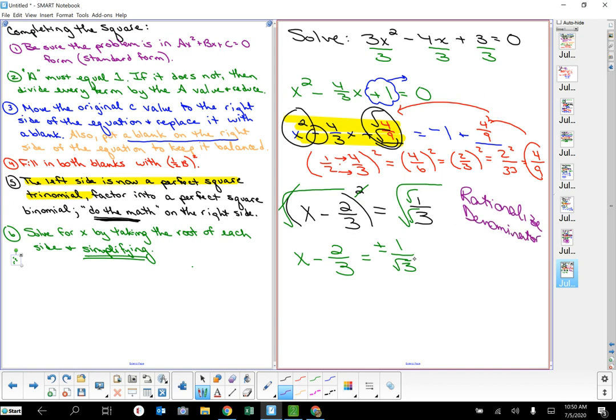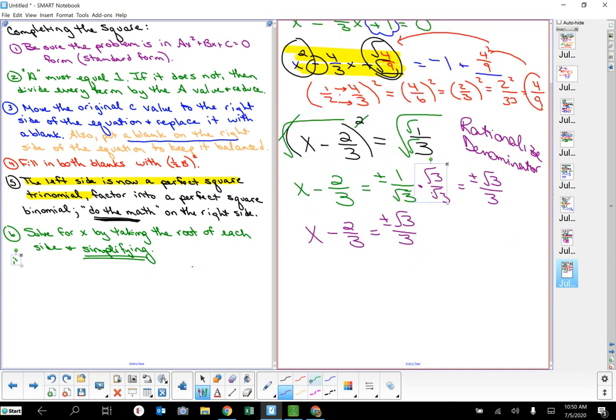Which means you're going to multiply by rad 3 over rad 3, which means your new right side is plus or minus rad 3 over 3. So I now have this. Okay, now we're going to move this guy and put him in front of the plus or minus sign. So we now have x equals a positive 2/3 plus or minus rad 3 over 3.